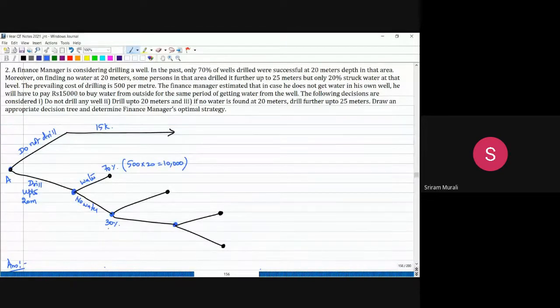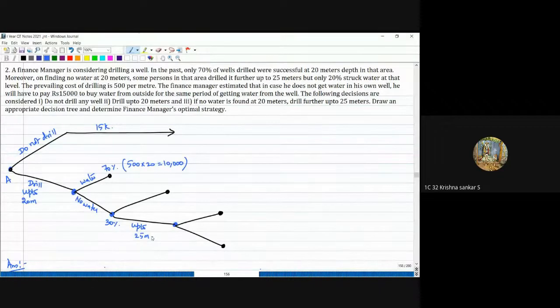If I don't get water, what will I do? I will drill another 25 meters. Am I right? If I don't get water, I will drill up to 25 meters. Am I right?